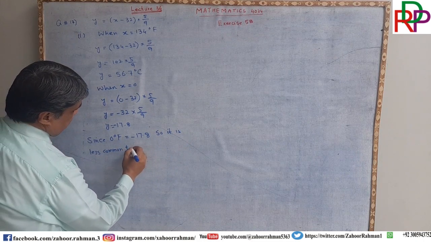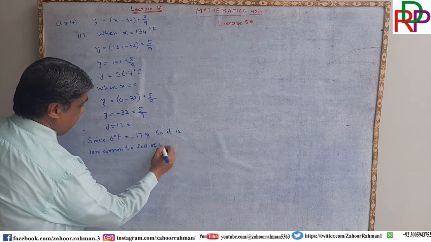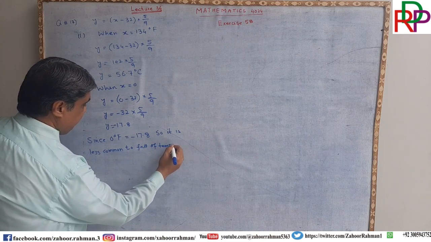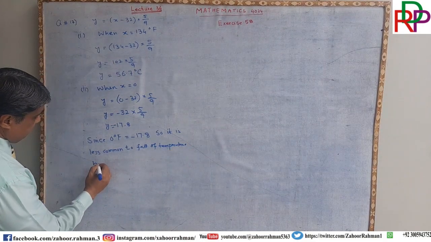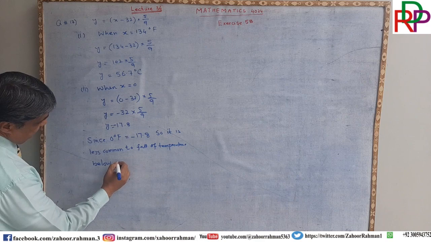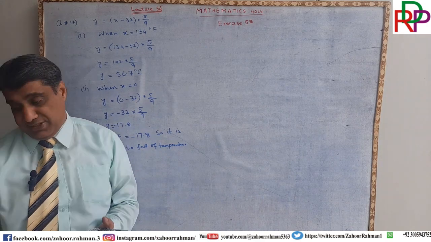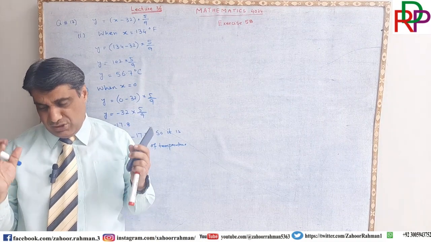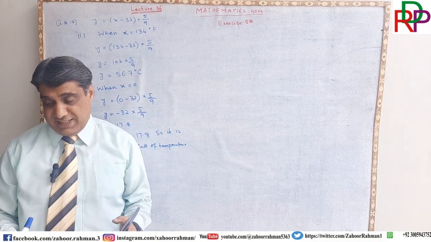for the temperature to fall below 0 degrees Fahrenheit, because 0 Fahrenheit is much lower than 0 degrees Celsius.